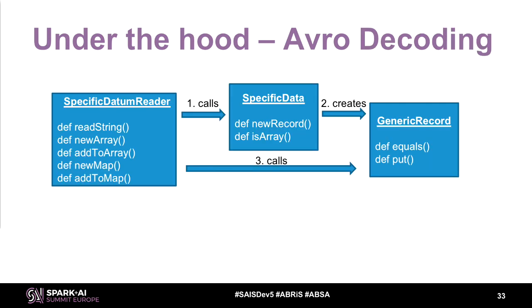So since this is a developer's track, we thought that it might be interesting to mention some points related to the code, what we had to do in order to have this all working. Because you might think, okay, so Avro is this format, it's out there, and Spark is also out there.